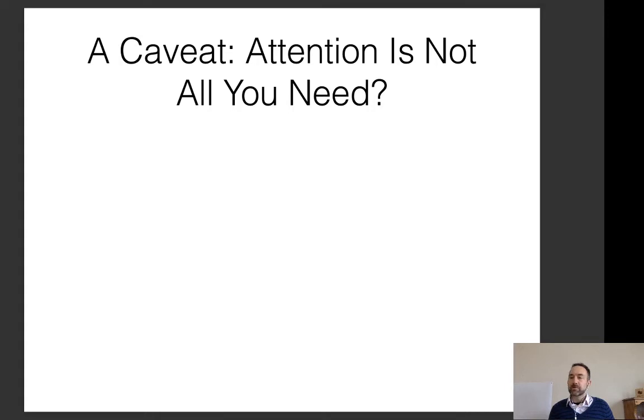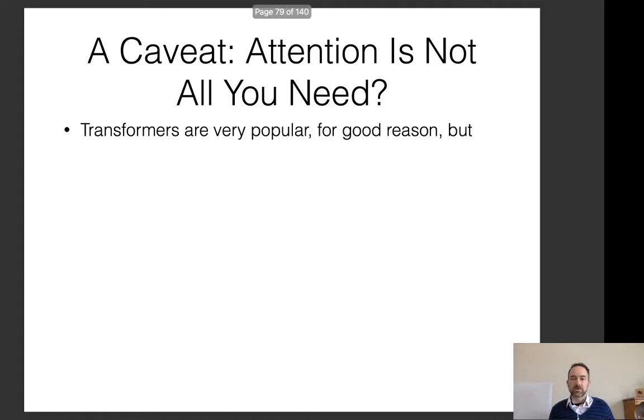So this paper was hugely influential and still is hugely influential. The transformer model is essentially the new standard that we use in NLP for many, many different tasks. I would like to point out that it's not without failings, and it's a good idea to be aware that there are other alternatives, and there are things to be aware of when you're using these models.